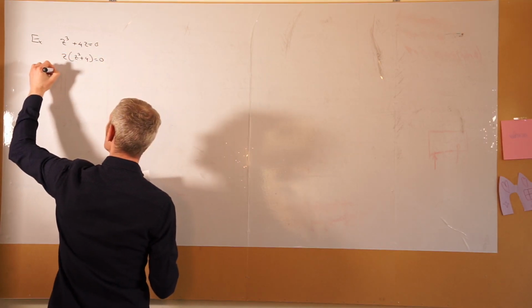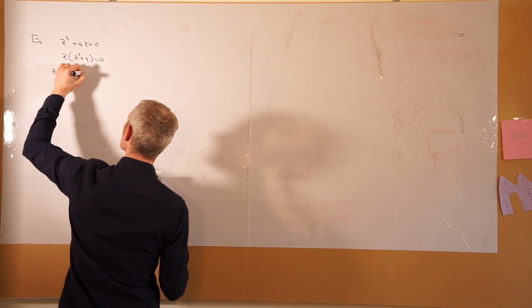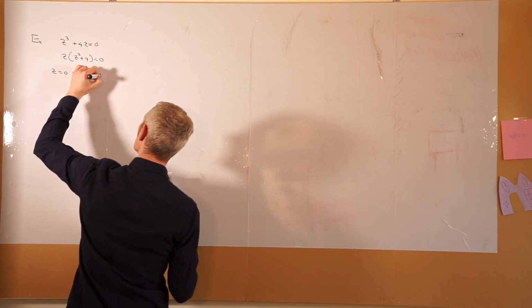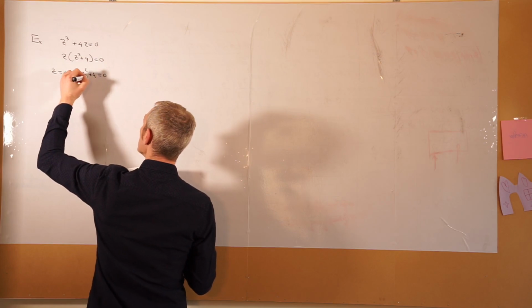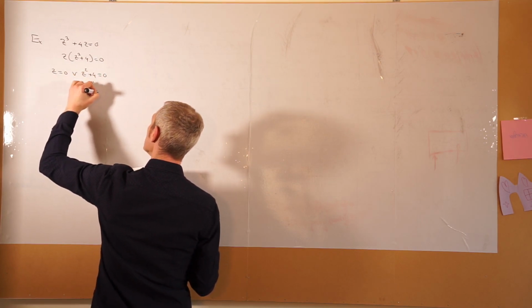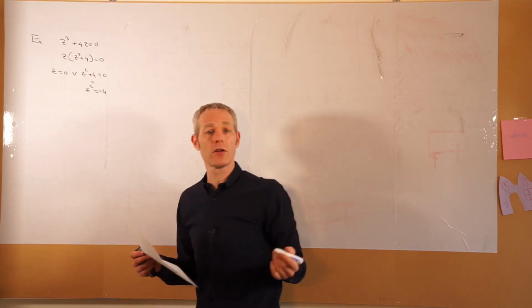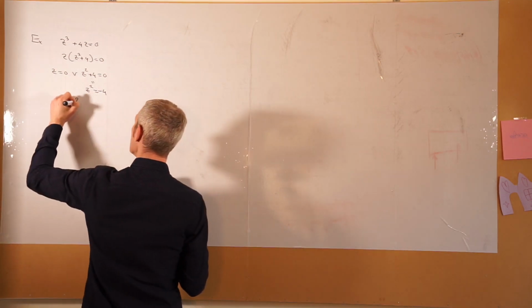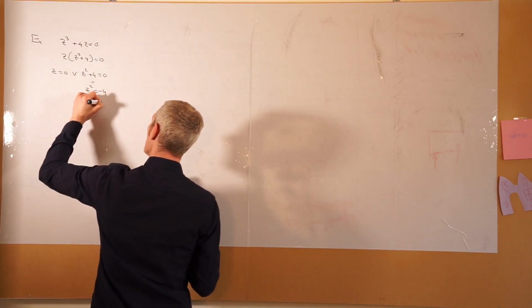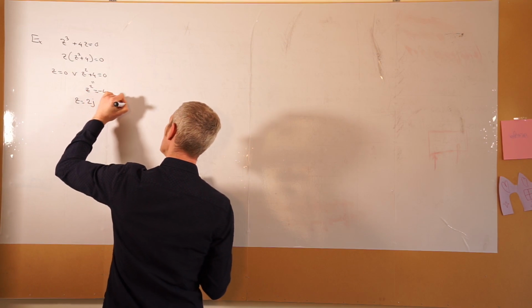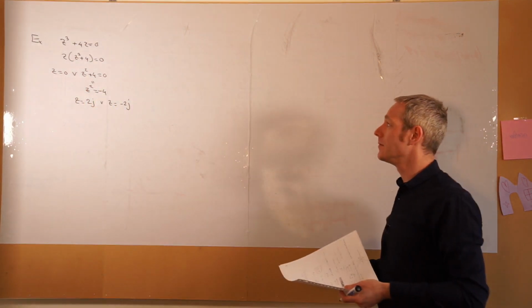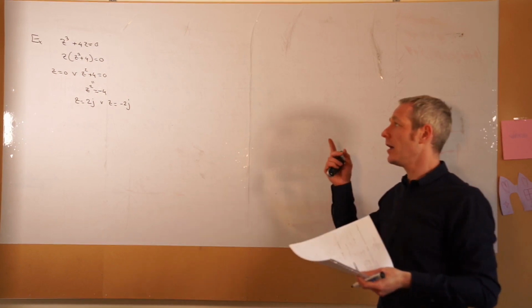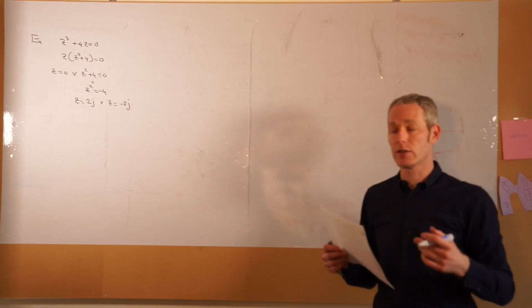Then we have as solutions z is equal to 0, or z squared plus 4 is equal to 0. Now, this one is z squared is minus 4, and we know these solutions: z is equal to 2j, or z is equal to minus 2j. So we find that the third order equation with complex numbers will have 3 solutions.